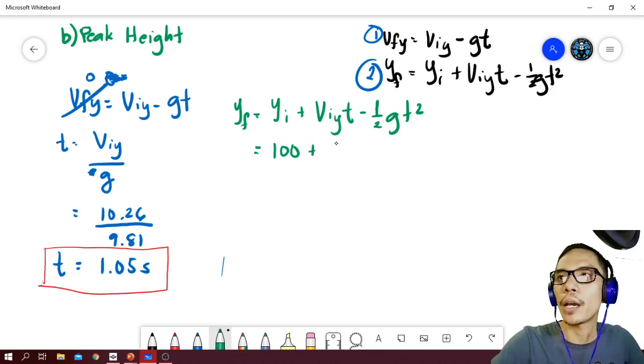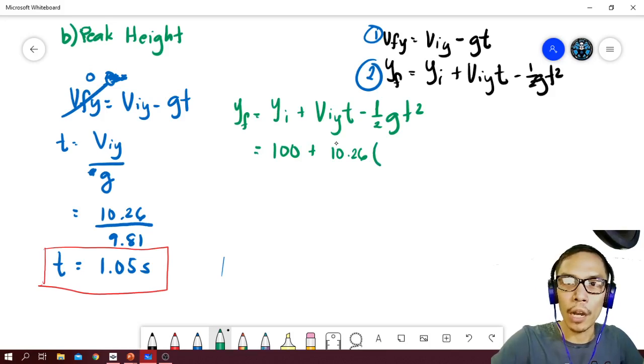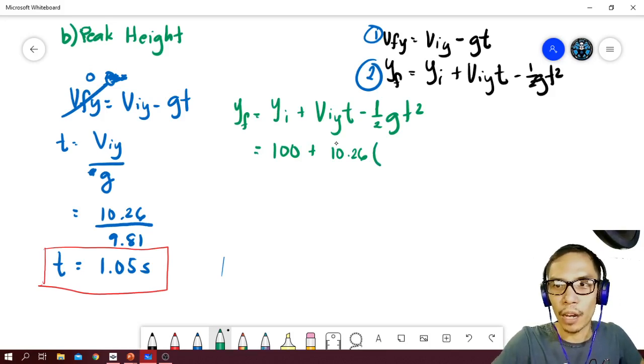Plus, what is the VIY? The VIY is 10.26, multiplied by the time that we got from the earlier computation.